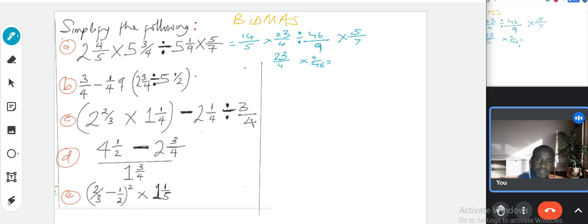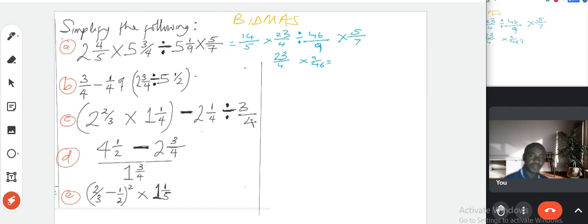Is there anything that can divide out? Uh, 2. 2 into what? Wait, no, 2 can't. So what can cross out? 9, no. 3. 3 can... actually, no, it can't divide 46.